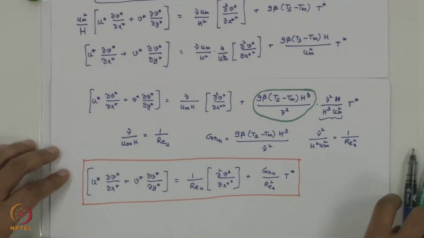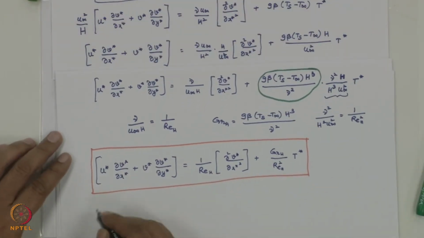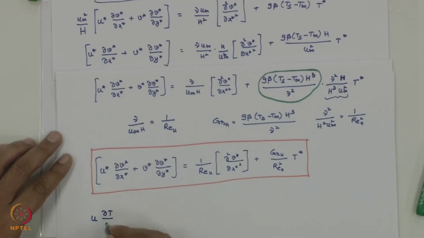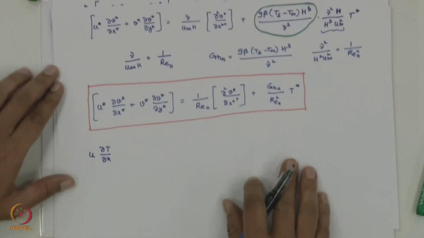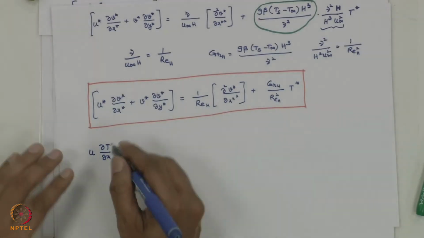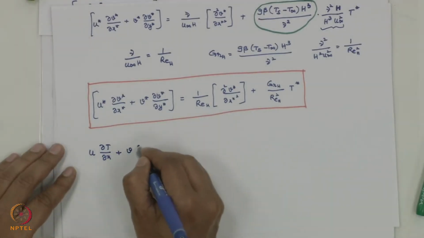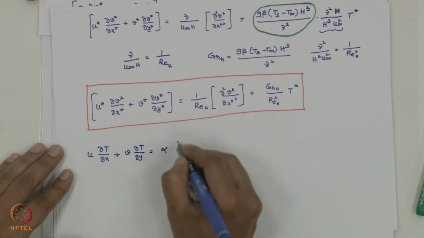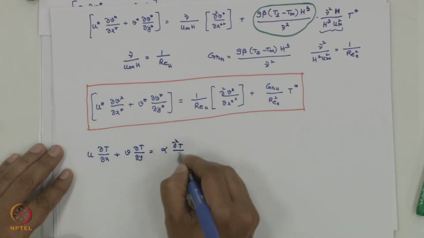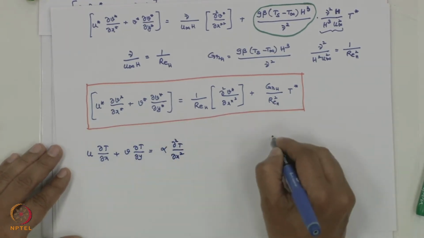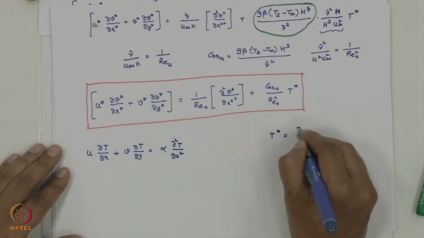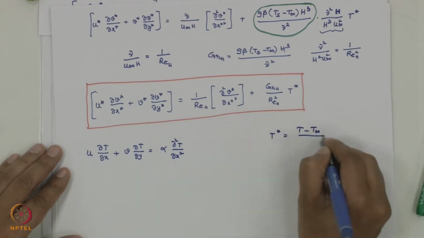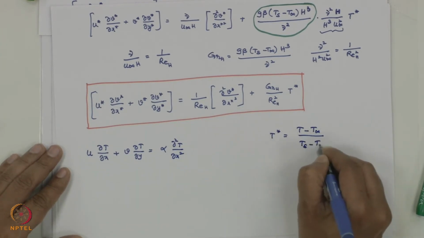Let me take the energy equation. The energy equation is u del T by del x plus v del T by del y equal to alpha del square T by del x square. Now T star equal to T minus T infinity upon Ts minus T infinity.